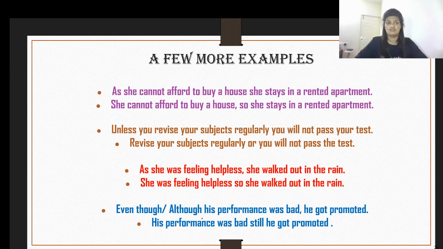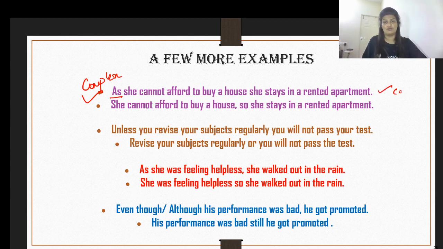Let us take a few more examples which we used earlier when we were converting the compound sentences into complex. Now I have taken the same examples where we are converting the complex sentences back into compound. The first one, which is our complex sentence: as she cannot afford to buy a house, she stays in a rented apartment.